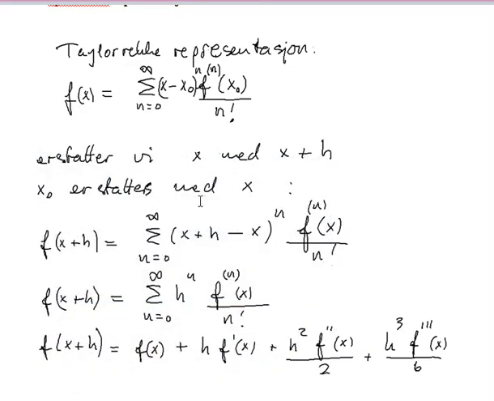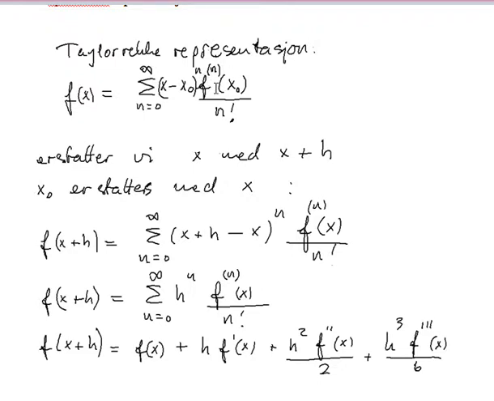Let's recall that a sufficiently smooth function f of x can be represented by a Taylor series in the following way. We can develop it around the point x0, and this means the nth derivative of f at the point x0.